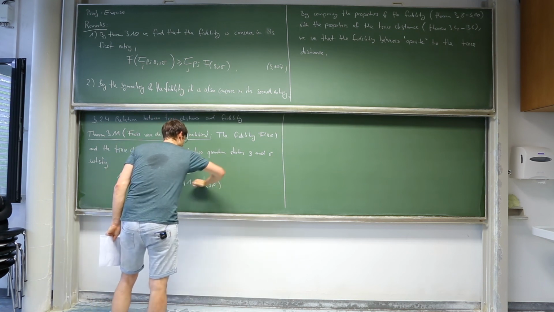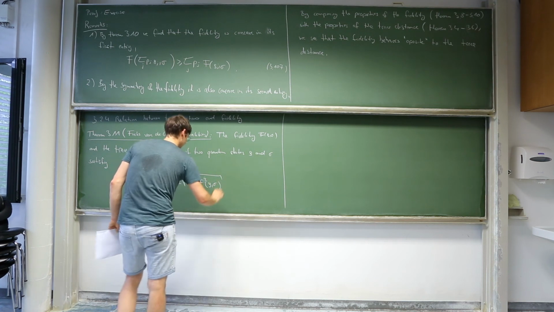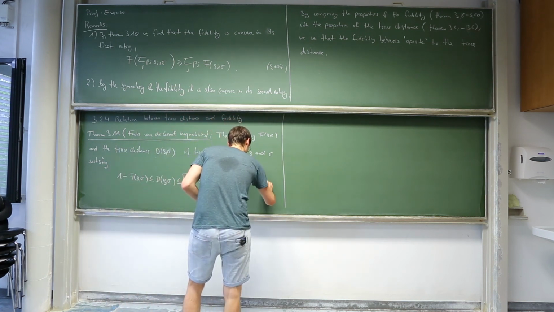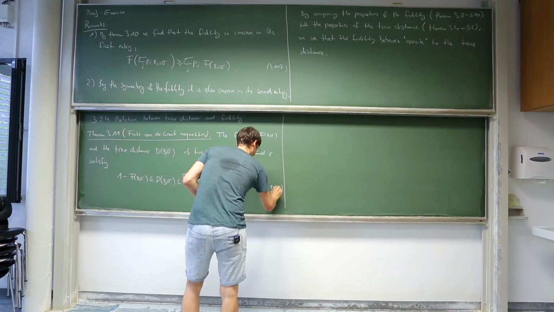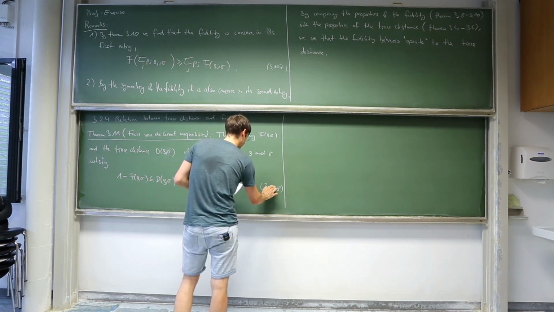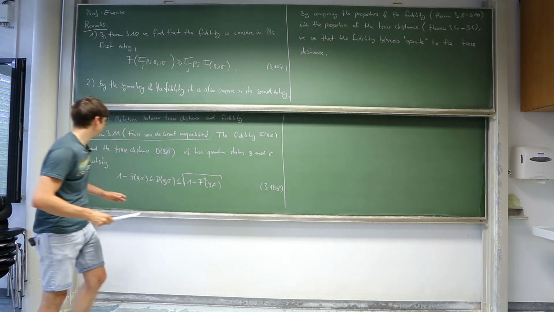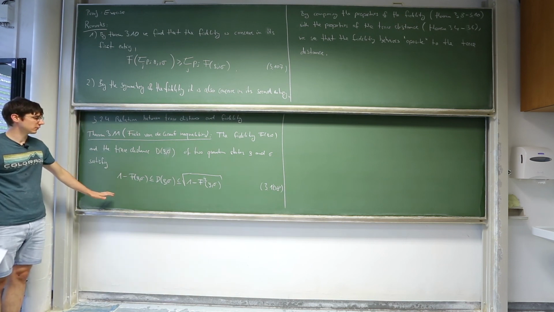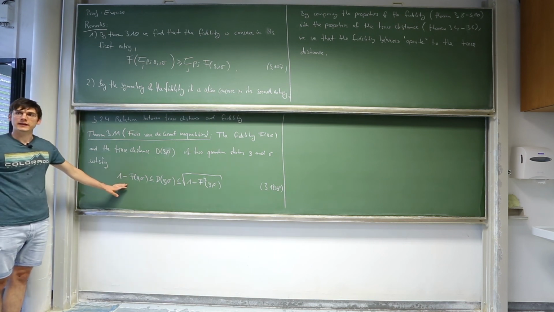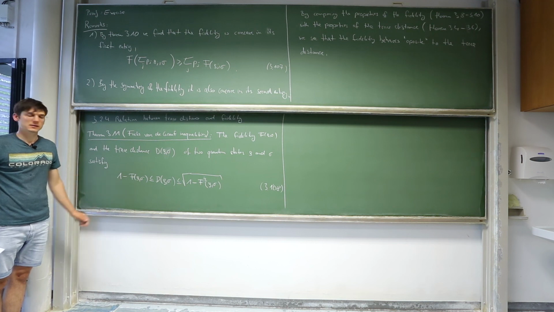So this is the squared fidelity. Okay, so these are the Fuchs-van de Graaf inequalities, which now connect fidelity with trace distance.